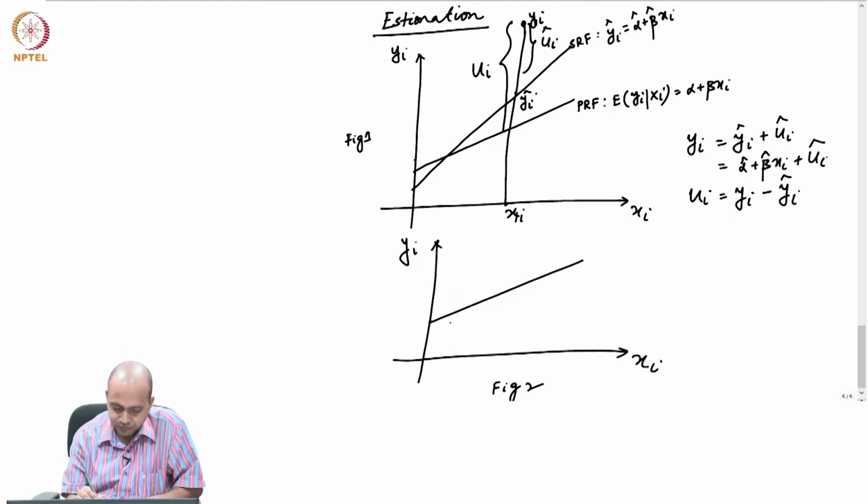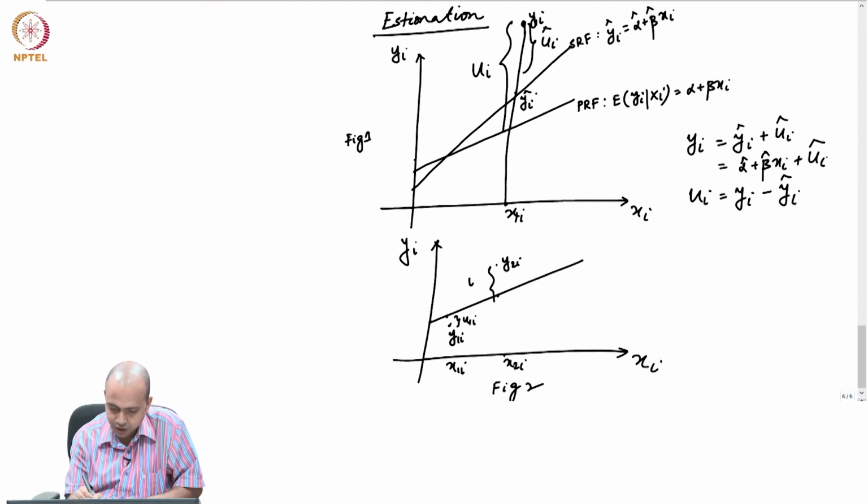You will get your predicted yi like this. Your actual yi would be, let us say this is y1i, but this is your predicted value. So you will commit some mistake. Let us say this is u1i, when x is x1i. Then for the second one, let us say this is x2i, your predicted is here, but your actual may go here. This is, let us say, y2i.